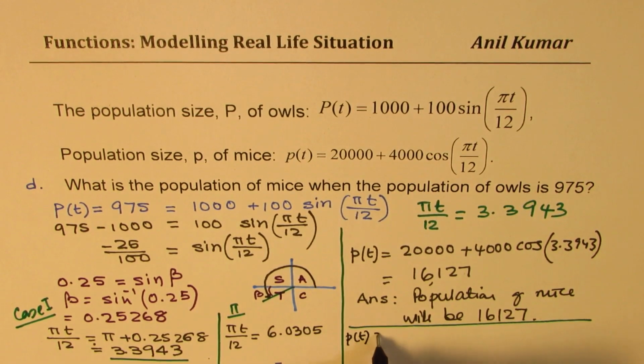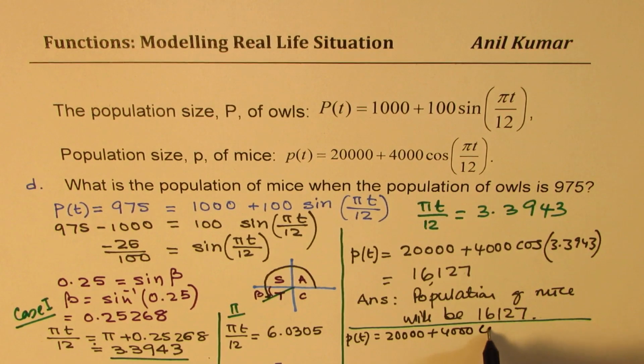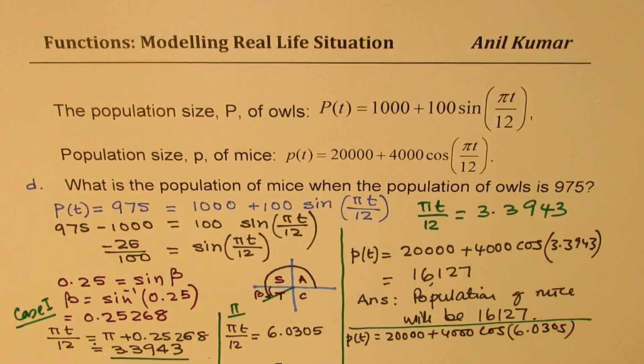So P of t, that is on the recovery path, is 20,000 plus 4,000 cos of this number 6.0305. Let's figure out how much this answer is.